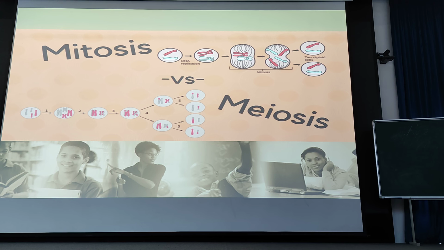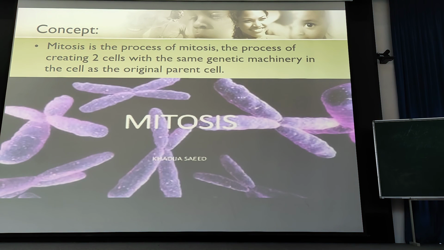Hello everyone, my name is Minh. Now I will introduce mitosis and meiosis. First is mitosis. The concept is that mitosis is the process of creating two cells with the same genetic material as the original parent cell.